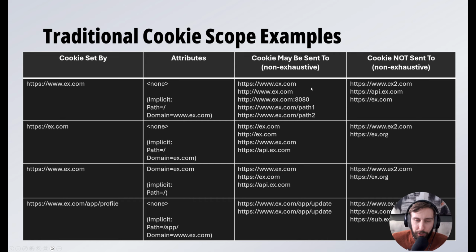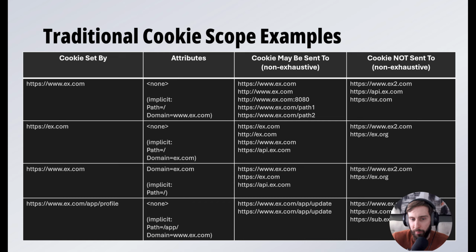So looking at where the cookies may be sent to, and of course this is a non-exhaustive list, I could come up with so many examples for both of these categories. It will be sent back to the exact same URL. Because secure hasn't been specified, it can be sent to an unencrypted HTTP URL. It can also be sent to an application served on a different port. So in both of these cases, right, a different protocol, like HTTPS versus HTTP, or a different port, both of those cases are different origins, but cookies don't work by following same origin policy.